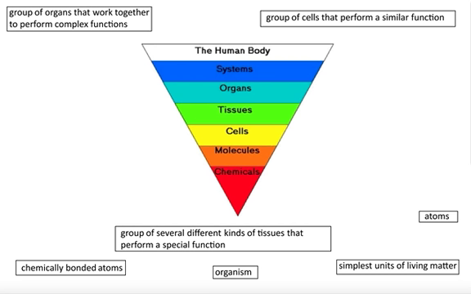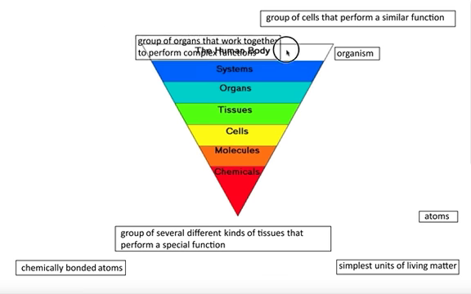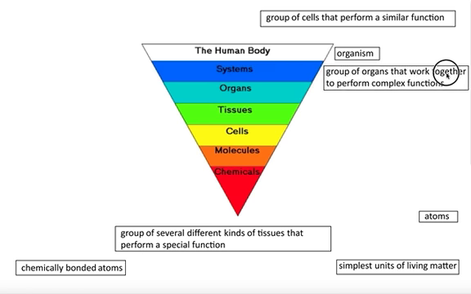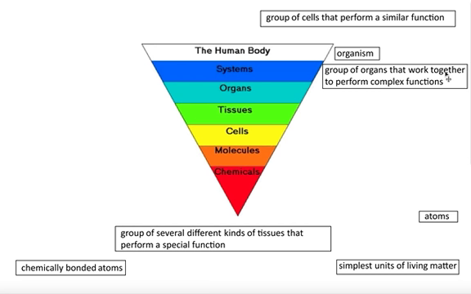The human body is arranged into different levels of organization. Some of this may look familiar to you from biology. Some of it may be a little bit new to you. So the human body is the organism. Body systems, which we've already covered a little bit, would be groups of organs that work together to form highly complex functions.